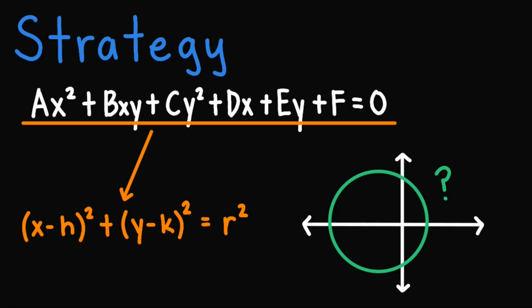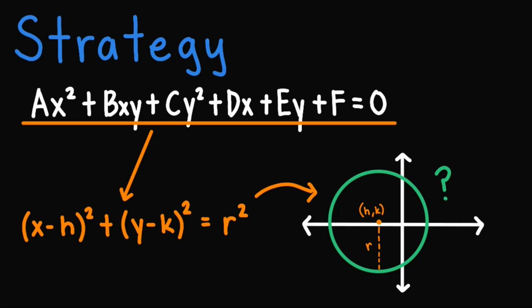And from the center radius form, it's now easy to convert this into its graph form since we are already given the center. So the center will be this point and the radius. So we can plot it out here.